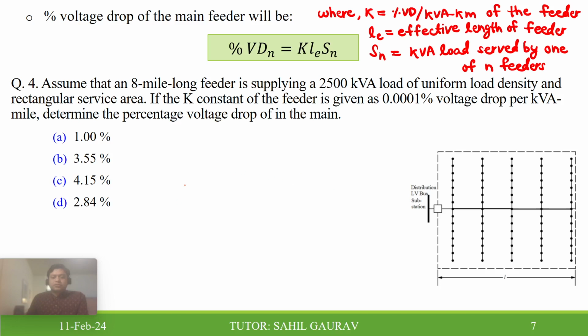So, let us see the problem. This is problem number 4. Here the problem says that assume an 8-mile long feeder is supplying a 2500 kVA load of uniform load density and rectangular service area. If the K constant of the feeder is given as 0.0001% voltage drop per kVA mile, determine the percentage voltage drop in the main feeder.